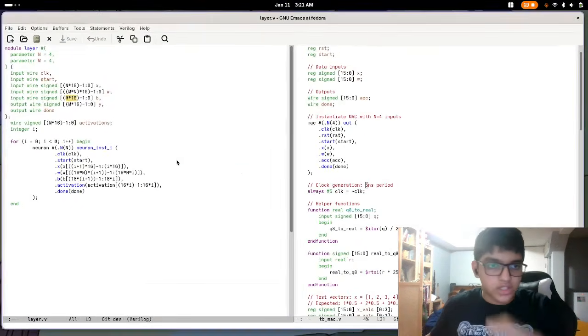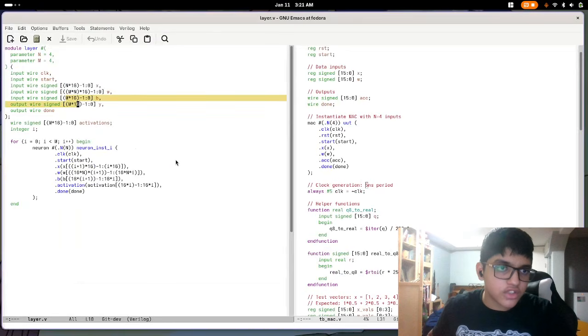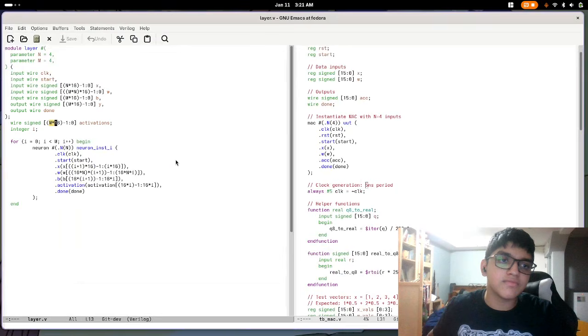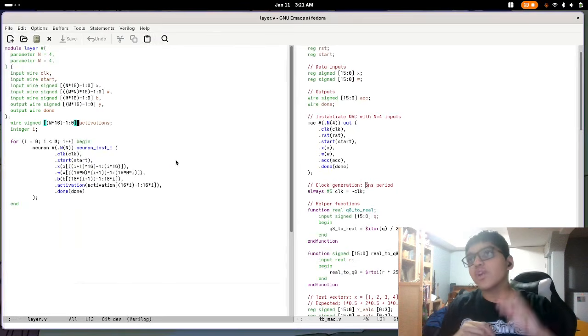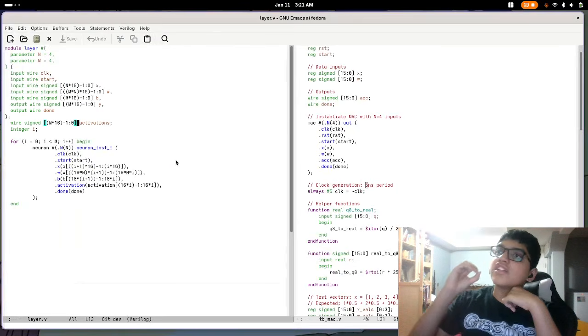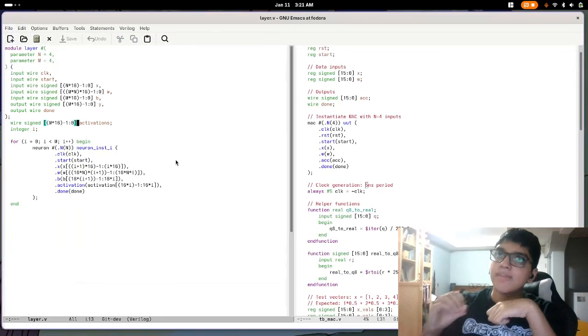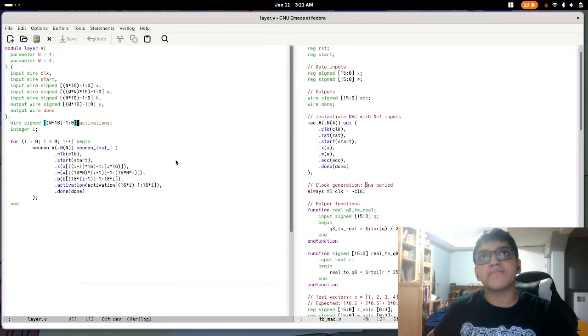Let's look at the code over here. We have an m sized array of activations, again because we have one activation for each of our m neurons. This is for iterating.